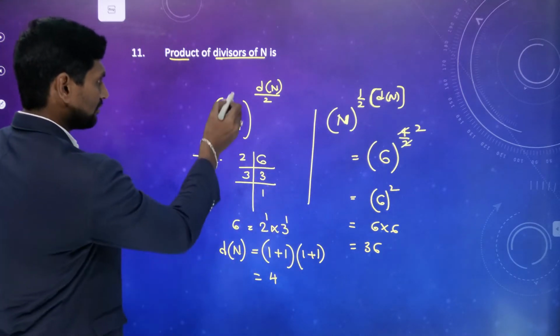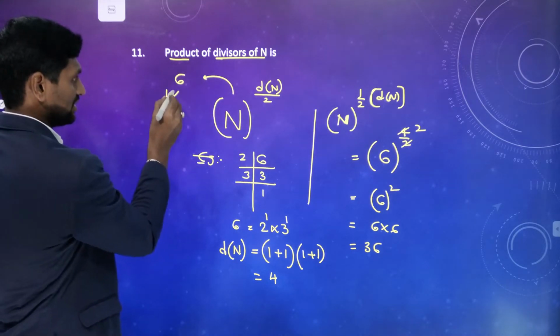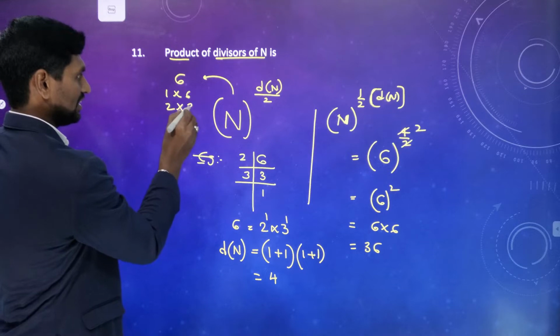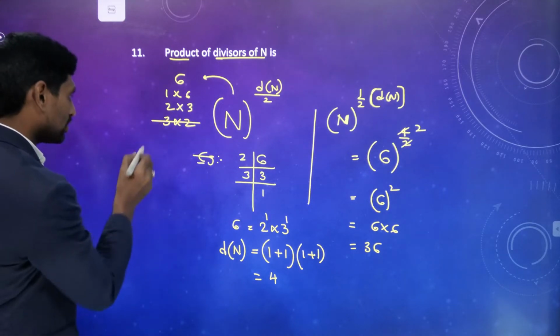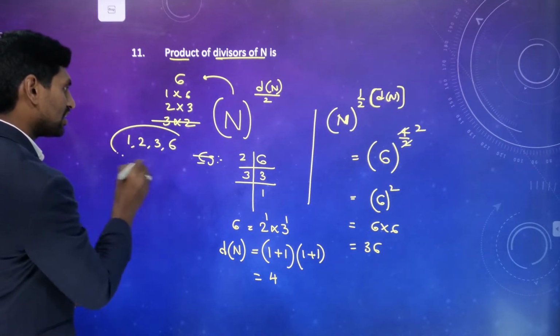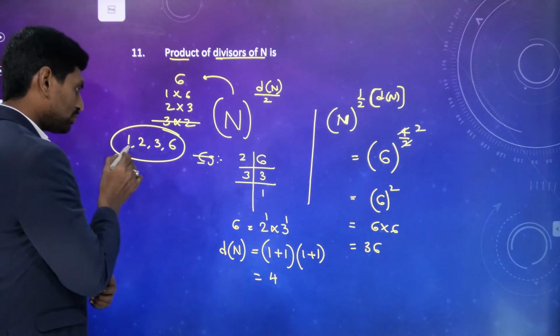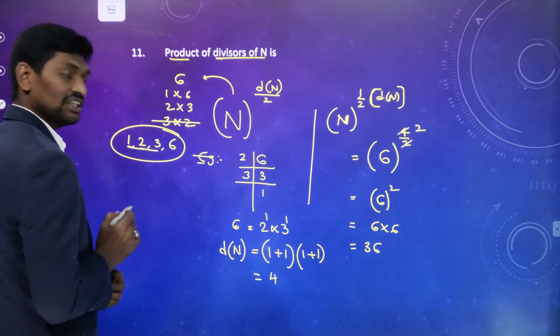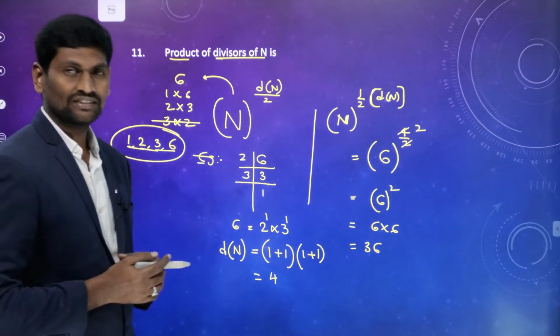Shall I check with the regular process? What are the factors of 6? 1 sixes are 6, 2 threes are 6, 3 twos are 6. 3 twos are repeating, so we eliminate them. So the factors are 1, 2, 3, 6. Now multiply: 1 twos are 2, 2 threes are 6, 6 sixes are 36.